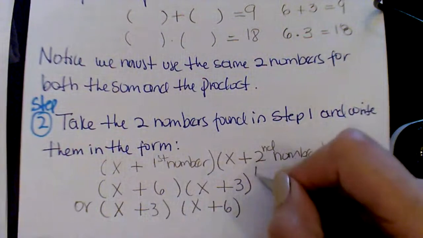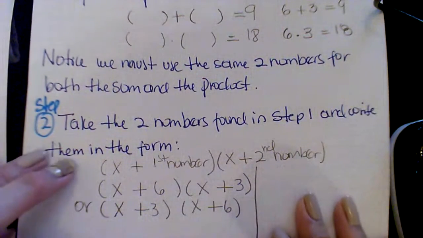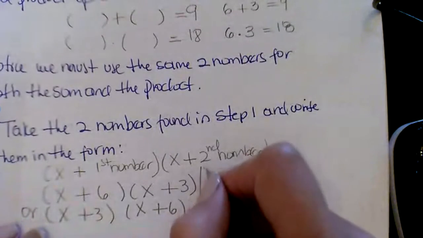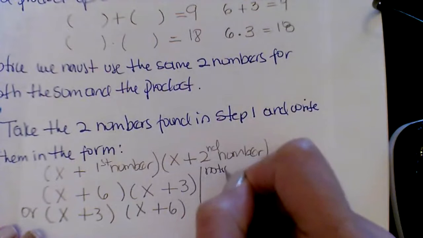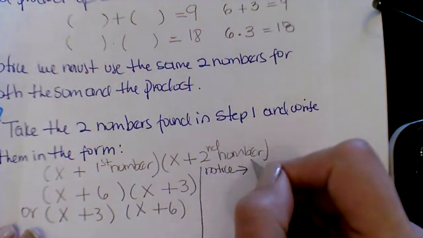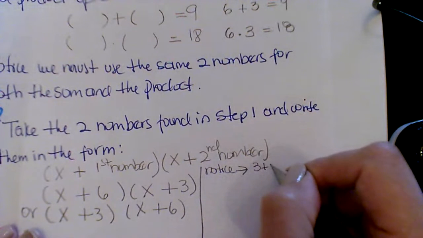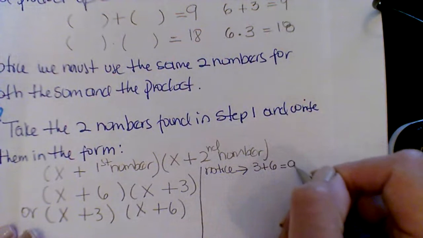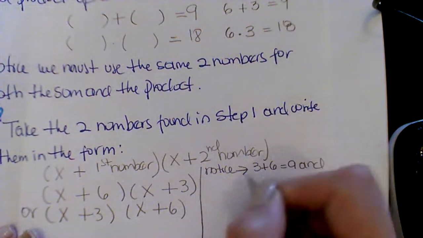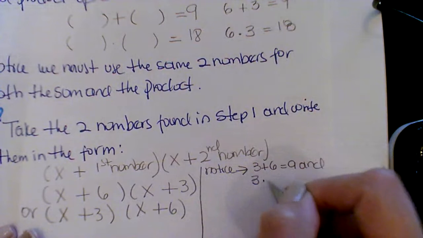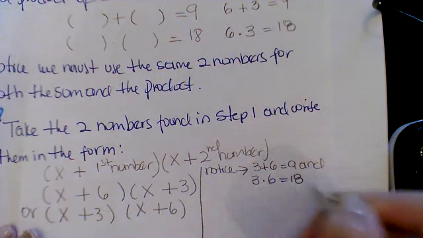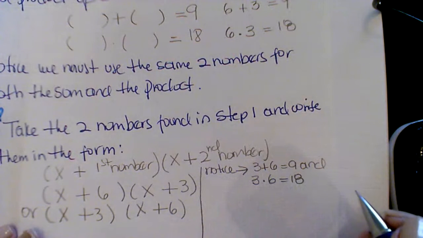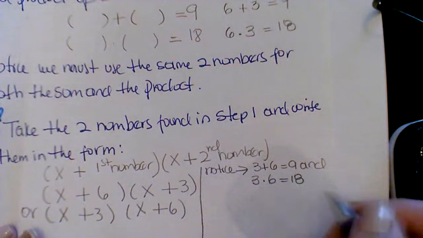So notice that 3 times 6 is 18. So the order of the numbers does not matter.